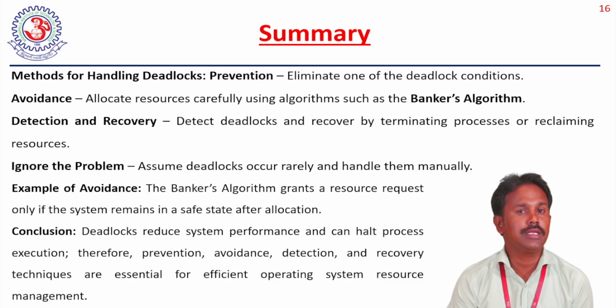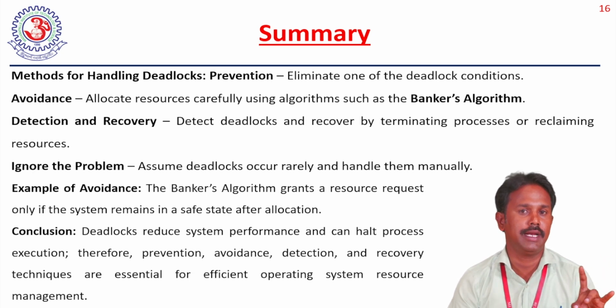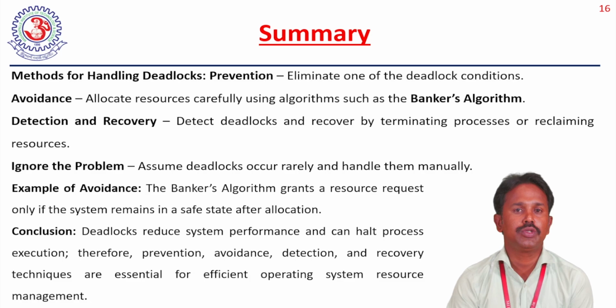Finally, deadlocks reduce system performance and can halt process execution. Therefore, this technique is very important. Deadlock prevention, avoidance and detection and recovery techniques are essential for efficient operating system resource management.